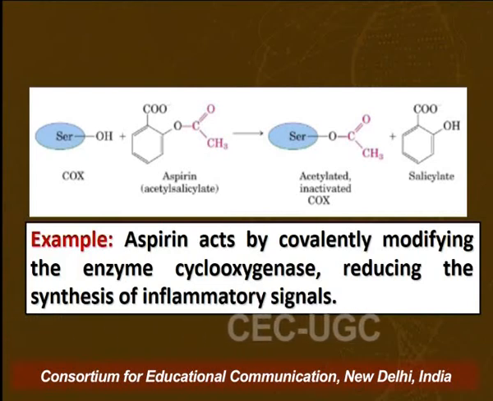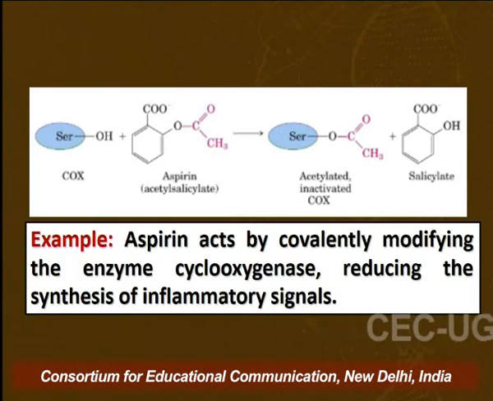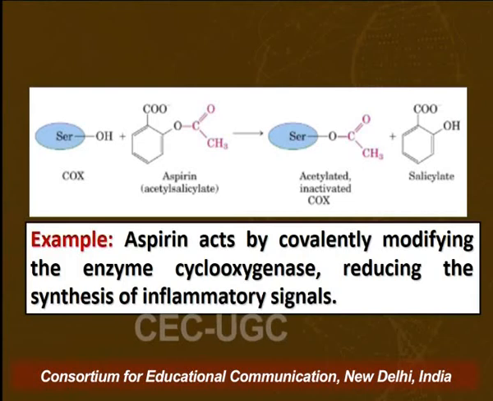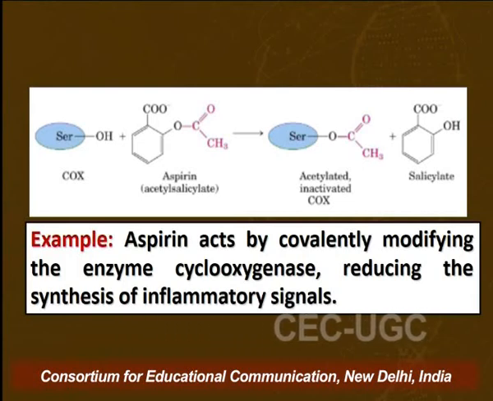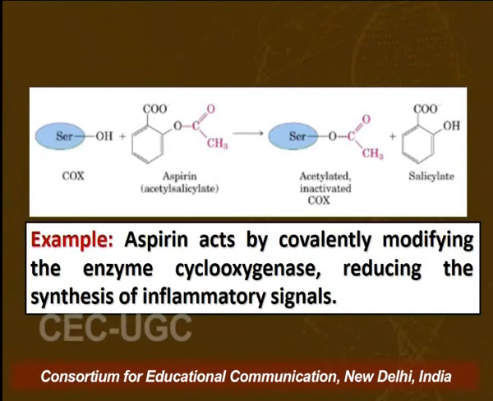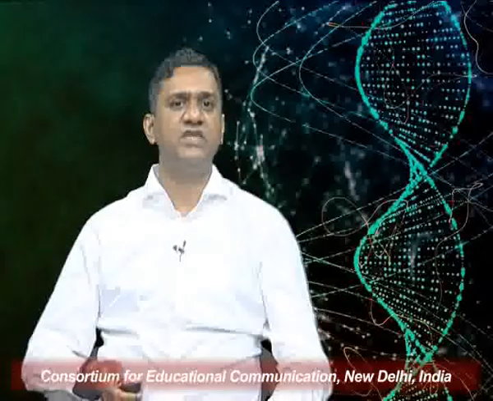So the aspirin acts by covalently modifying the enzyme cyclooxygenase, the COX enzyme shown over here, and reducing the synthesis of the inflammatory signal, thereby reducing the other sensations in the signal transduction which is occurring. Okay, so these are the various reaction steps which were shown over here.